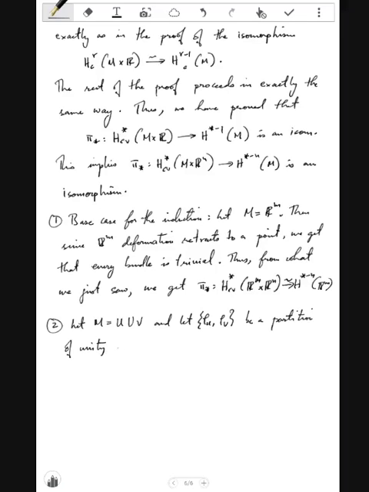Subordinate to U and V. Then we have a short exact sequence.